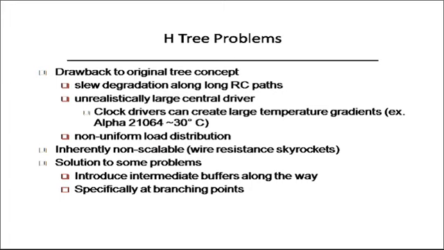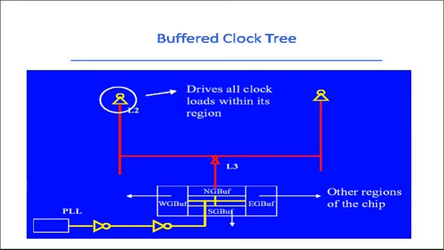Actually, the problem of a large central driver which is required in this case, you can have another solution to this, that is introduce some intermediate buffers along the way. This is a buffered clock tree, and here in this region you can see for any such clock, whatever the clock is going over there, you have edge buffers in all the directions.